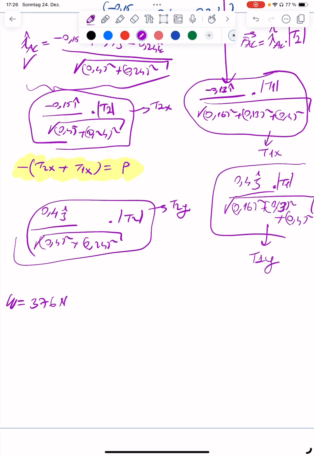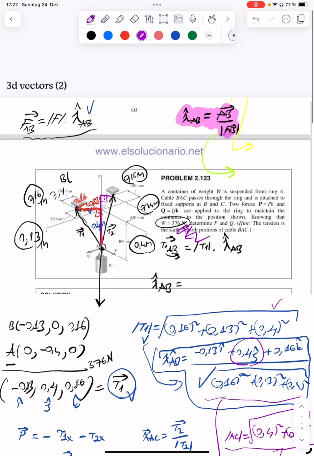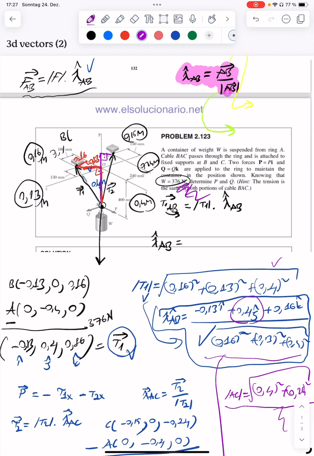So to sum up, T2y and T1y is equal to 376. So we will have an equation with T1 and T2.